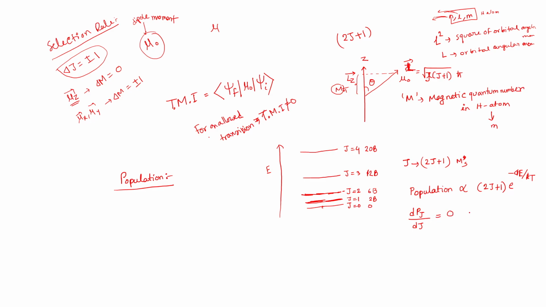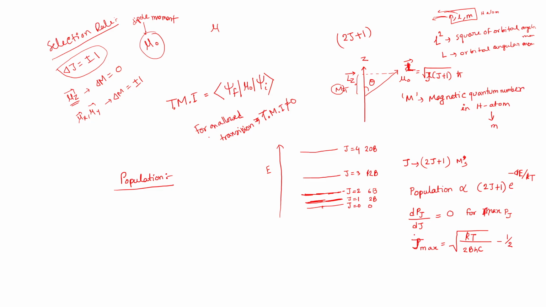The J max, the rotational level at which the population will be maximum, will be given by the square root of kT by 2B, minus half.